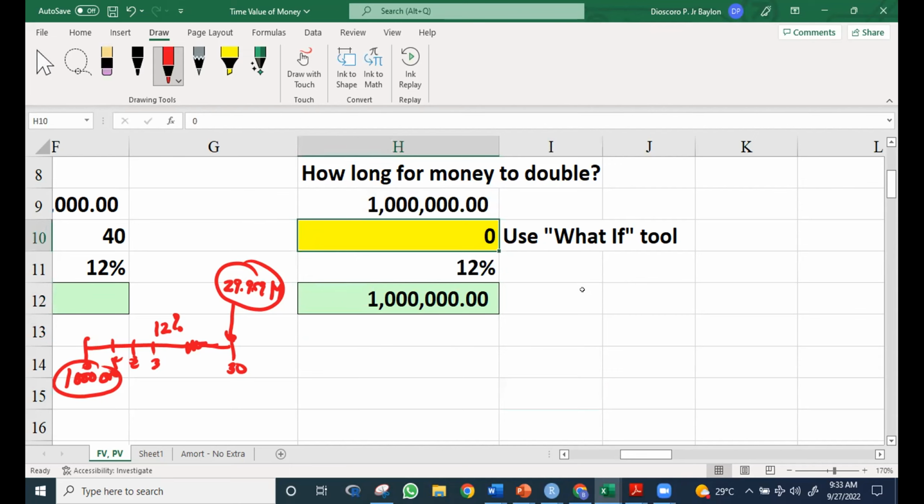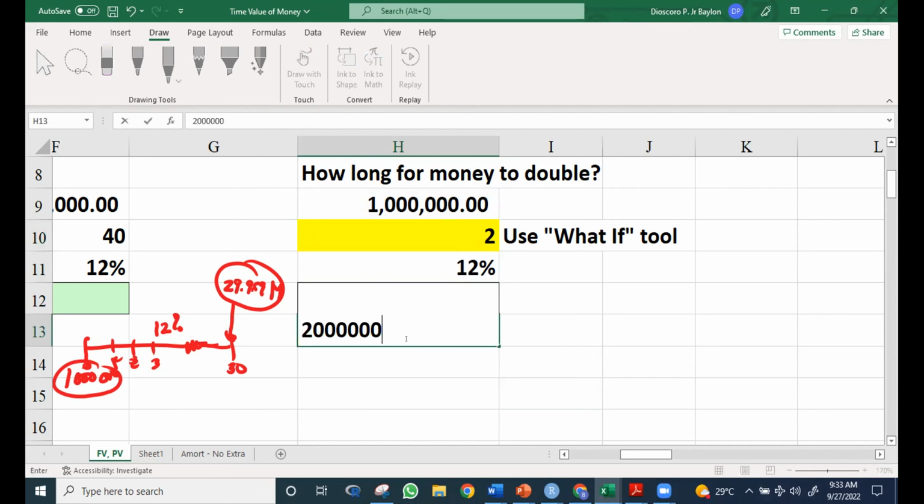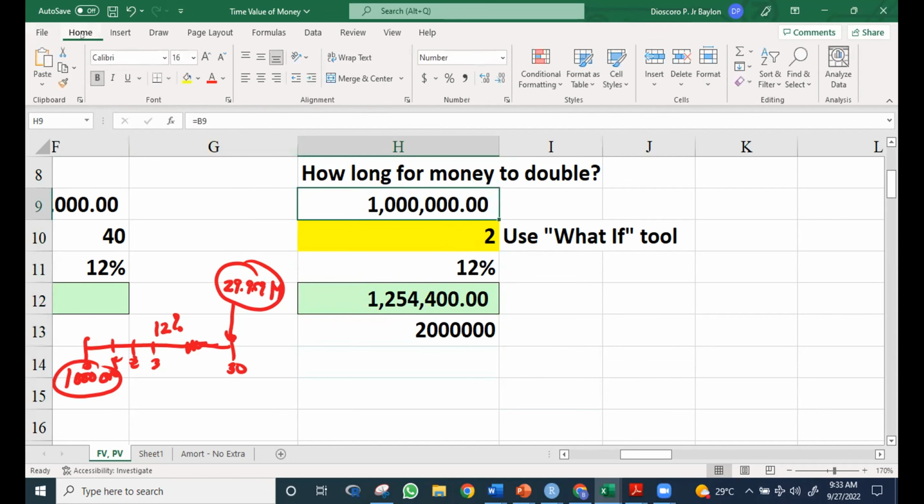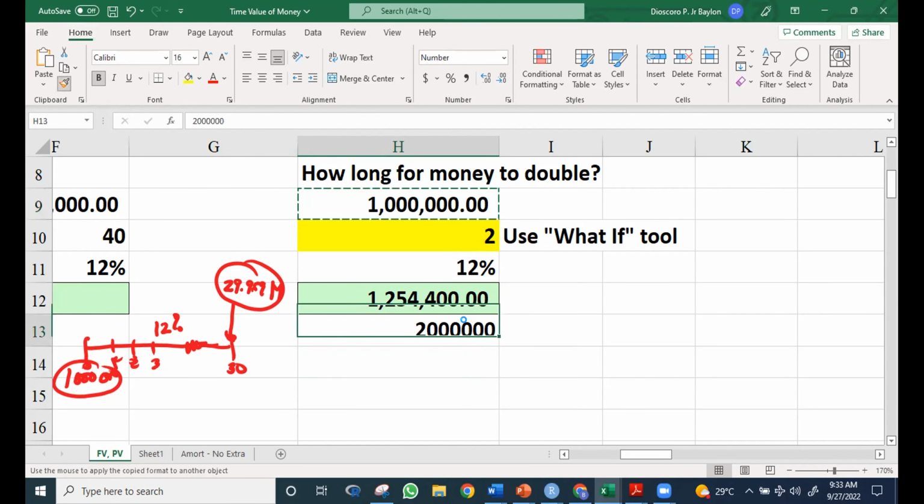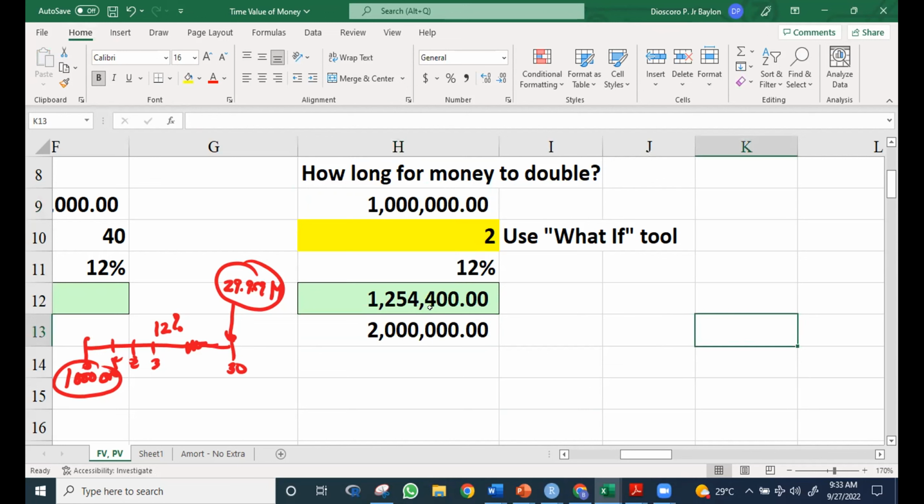Now what we can do is we can experiment. What if it's 1 year? Then our money will be 1,120. So not yet. We want it to be 2 million. We want the money to double. So 2 years, no?